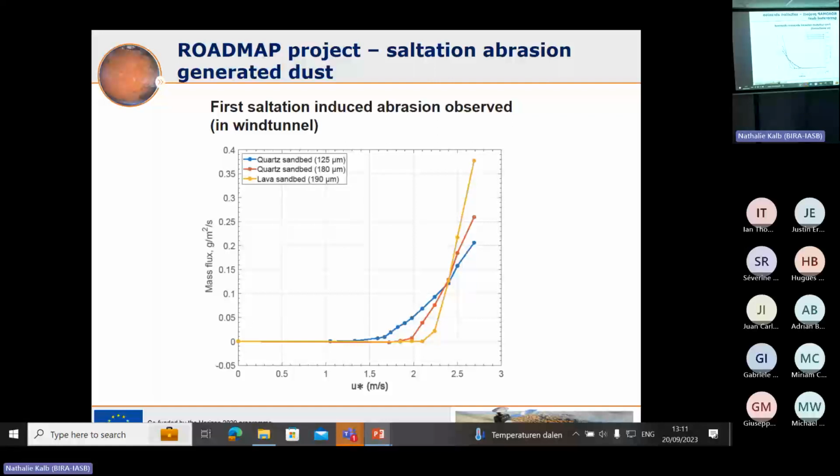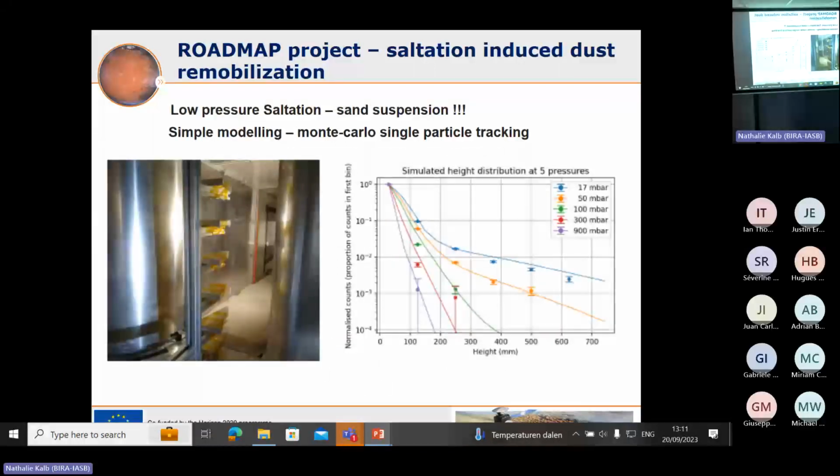A quick question. You mentioned in your tunnel you use just current Earth atmosphere basically, but you could switch to other gases. Yeah. Some of these measurements were done with CO2 at Martian pressure. Does the change in atmosphere actually change anything? We've never seen any difference between CO2 and air, the composition.